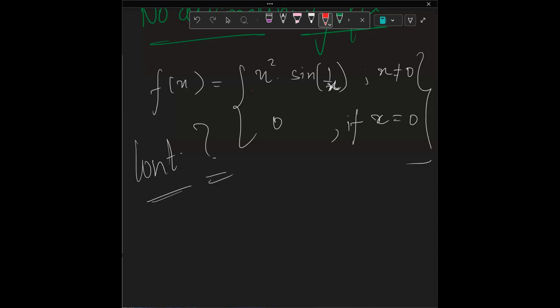And one more thing, check the continuity at x equals to 0.